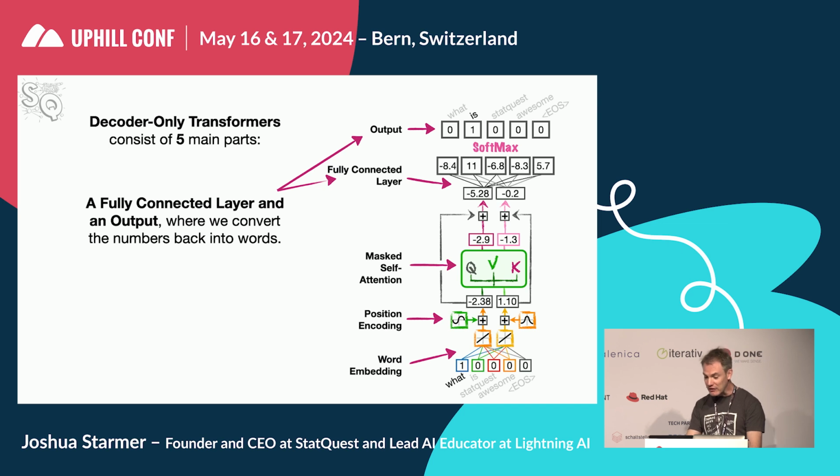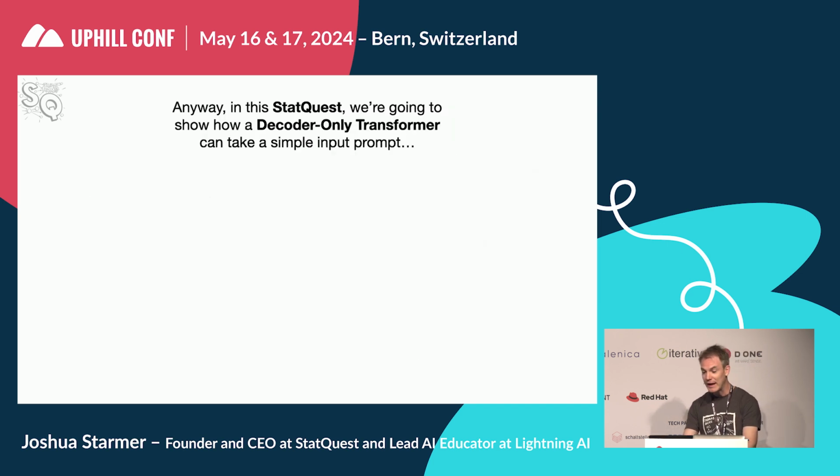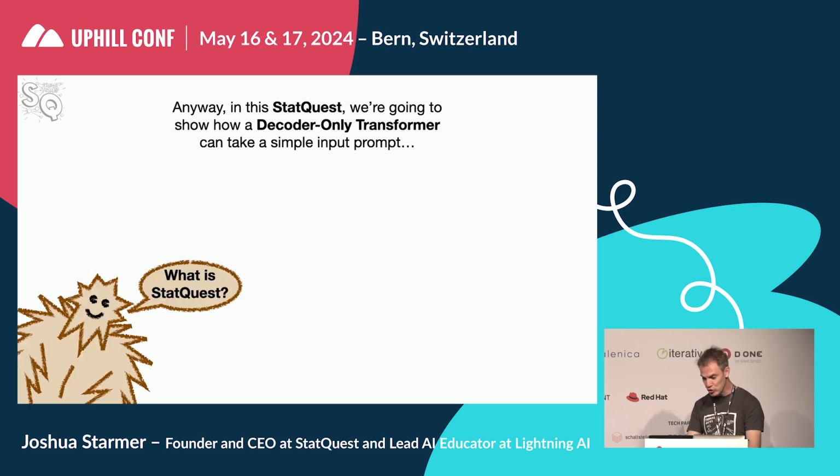And a fully connected layer and an output, where we convert the numbers back into words. Okay, anyway, in this StatQuest, we're going to show how a decoder-only transformer can take a simple input prompt, what is StatQuest, and generate a simple response.